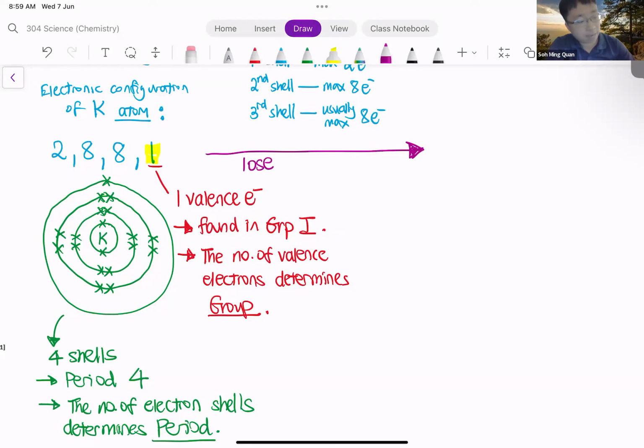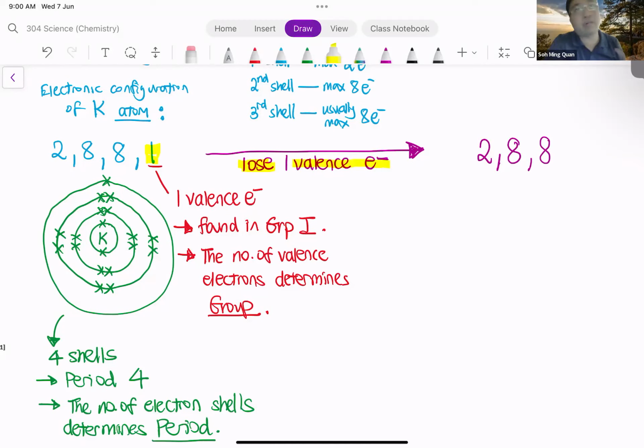Potassium has to lose one valence electron so that it becomes 288. So the key word here is lose. Potassium loses a valence electron.